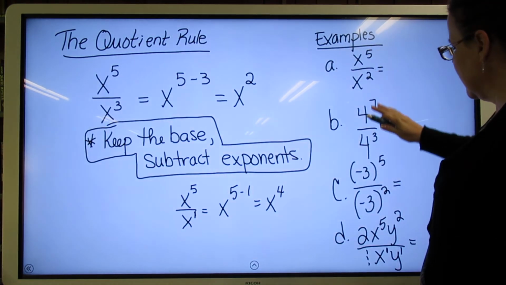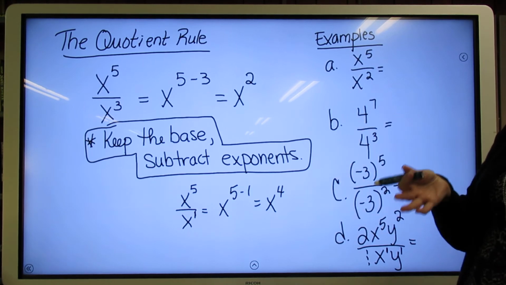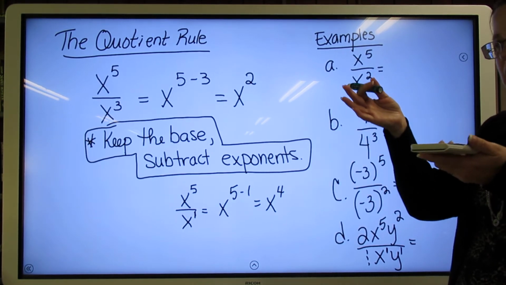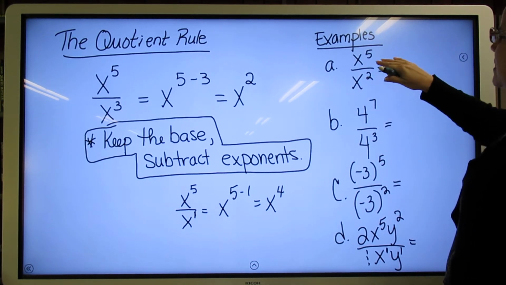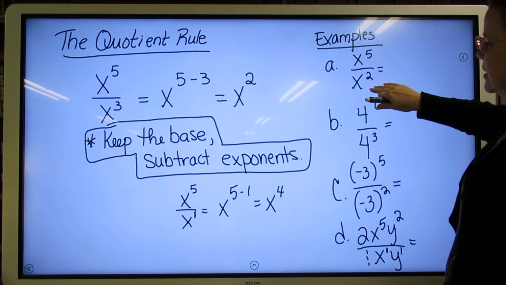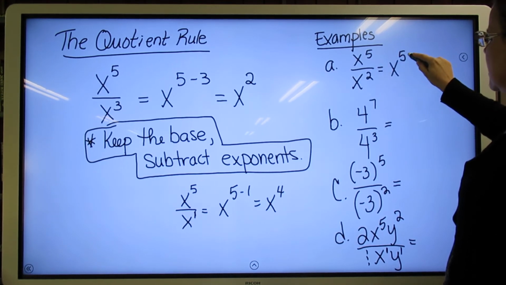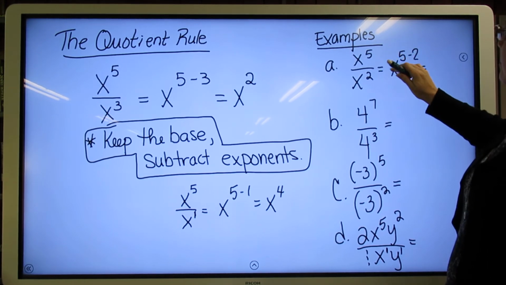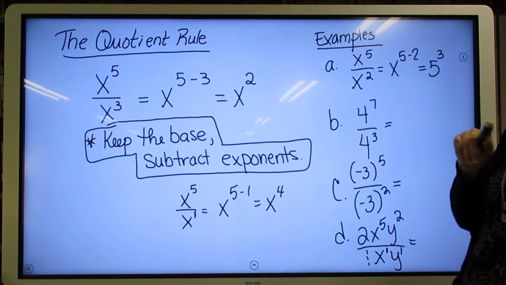Then I gave some examples again, because I like for you to practice, and I have homework for this, or practice homework for the students, but this is to show you the lessons. So the example is x to the 5th divided by x squared for A, and you would keep the base and subtract the exponents, let me be clear, and then you would have x to the 3rd power, right?